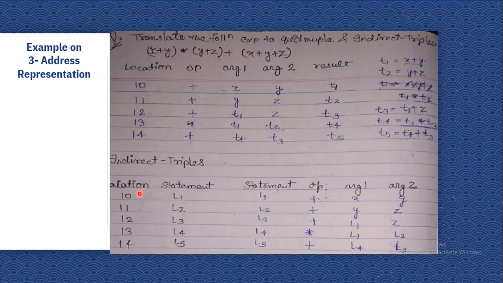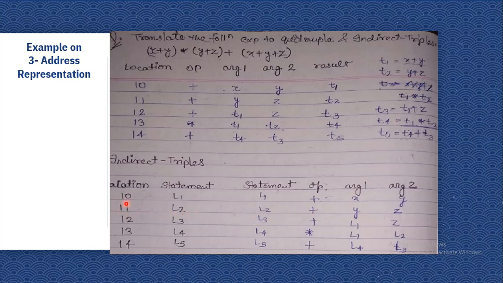Plus is an operator, x is argument 1, y is argument 2, and the result is stored in the reference variable L1, where L1 is stored at location 10. Similarly, y + z is another line of code, where plus is the operator and the result is stored in L2, which means memory location 11.